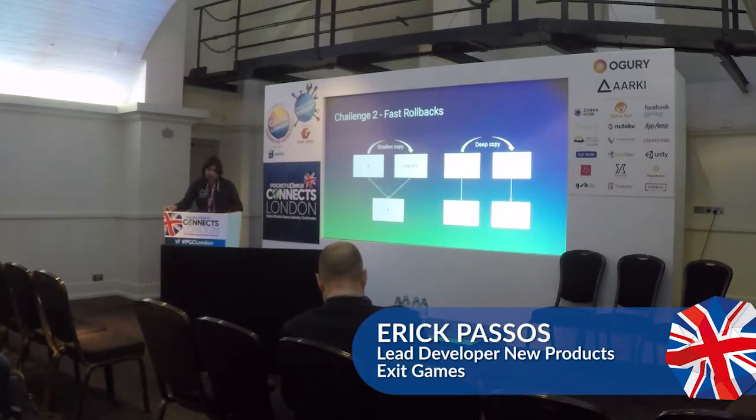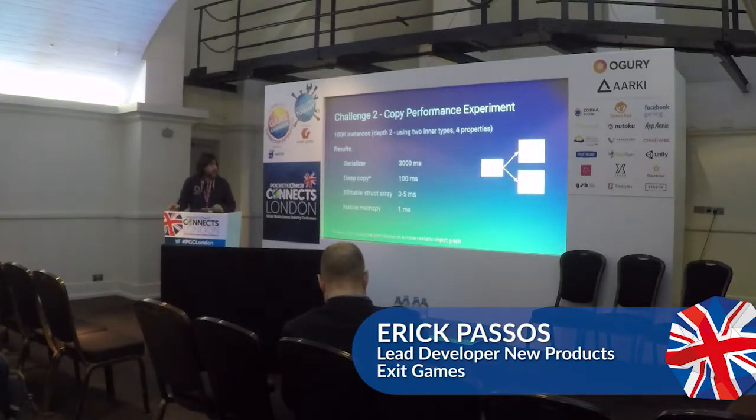I have a few numbers to share with you on the experiments we did with different kinds of data structures and different implementations of this in C#. The numbers are from a specific machine, but for comparison's sake, it's all on the same machine, with the same size and the same setup. So take a very basic game state structure, and you have 100,000 instances of that, just as an example.